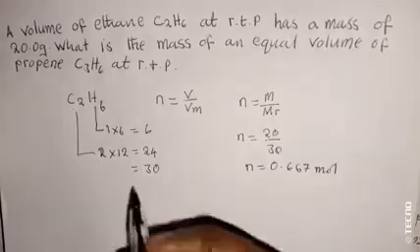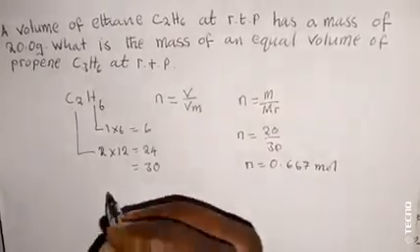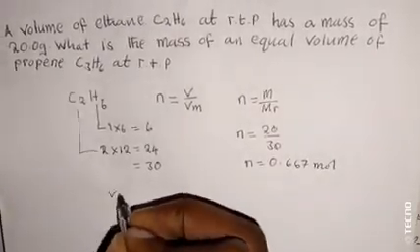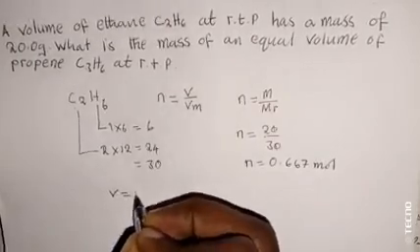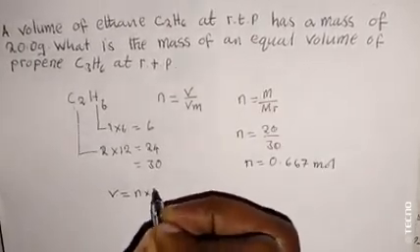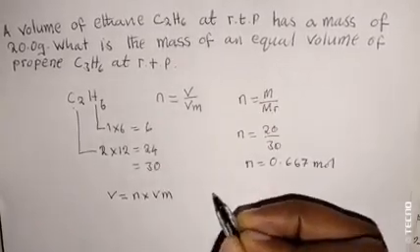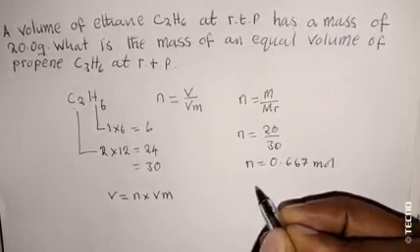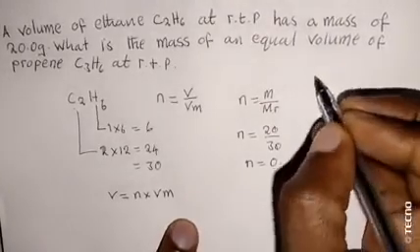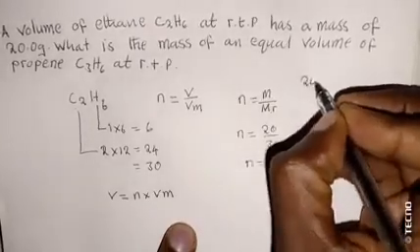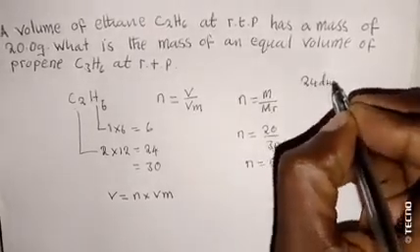To find the volume, we make V the subject of the formula, which will be V is equal to n times Vm. Remember, it's the molar volume at RTP, which is simply 24 decimeter cube.